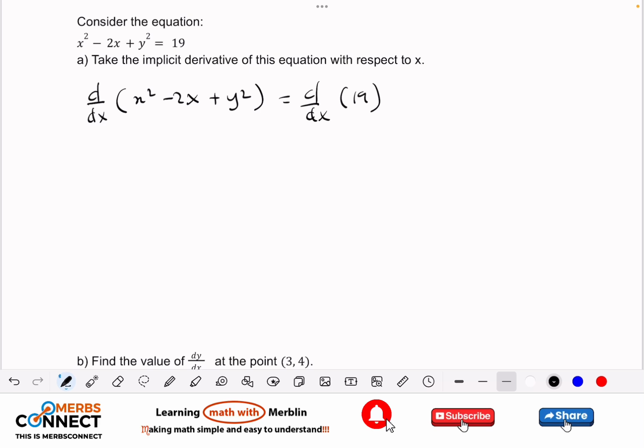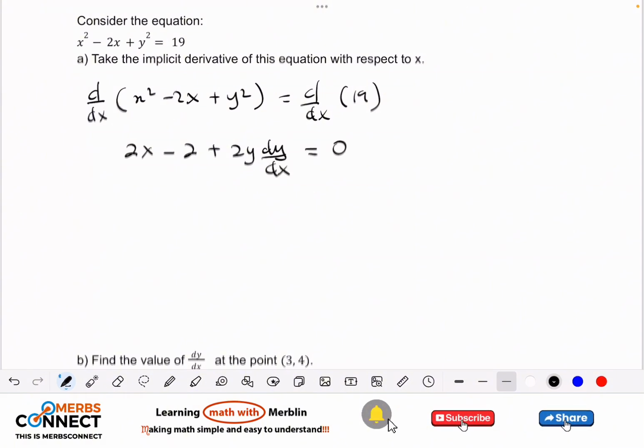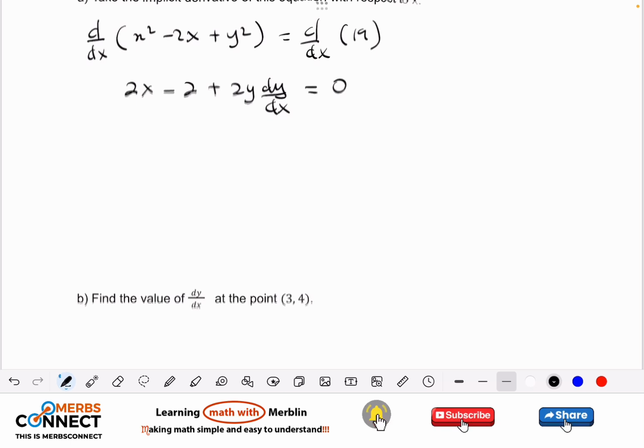So when I differentiate x squared, don't forget we are with respect to x, so I'm going to have just 2x. Then minus, when I differentiate 2x, since this one is x, I'm going to get 2. When I differentiate y squared, this is not x, so I'm going to have plus 2y, then I'll multiply it by dy over dx. Then when I differentiate 19, I get 0. So this is what we are going to get.